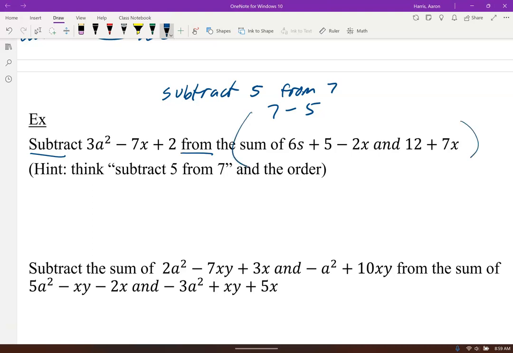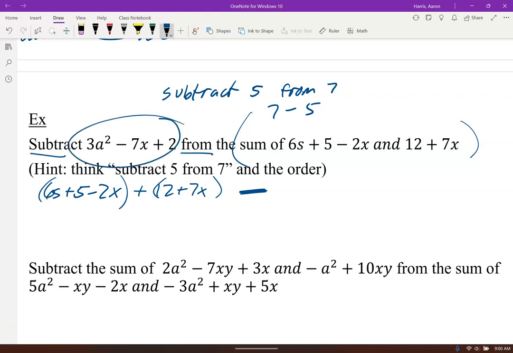We have the sum of. So we have 6s plus 5 minus 2x being summed with 12 plus 7x. All right, these two are being summed up. We're subtracting this from that sum. So minus the 3a squared minus 7x plus 2.